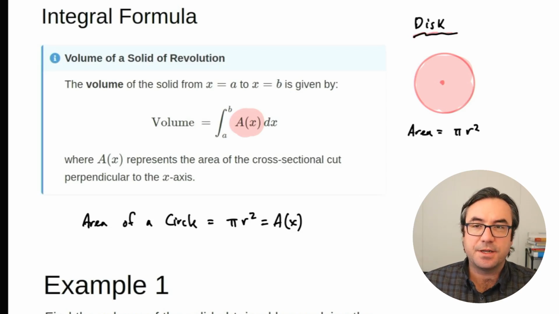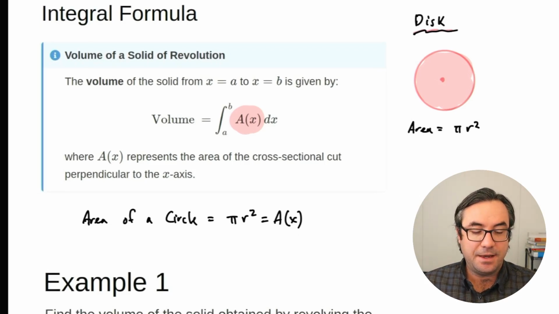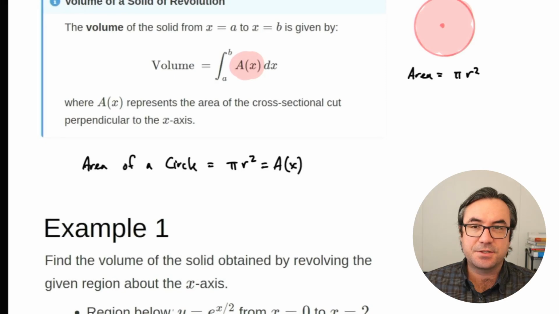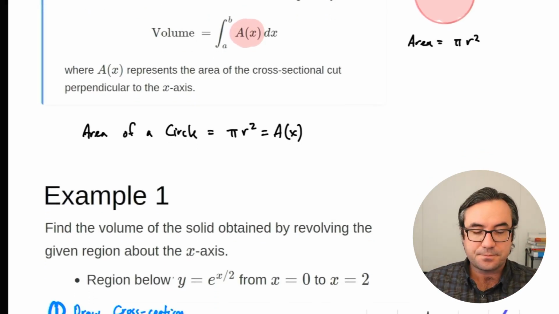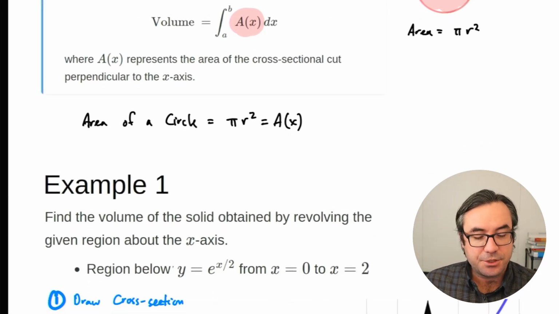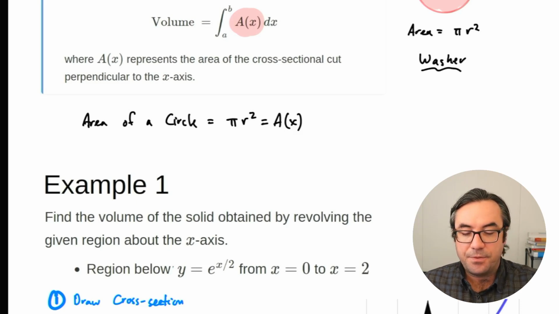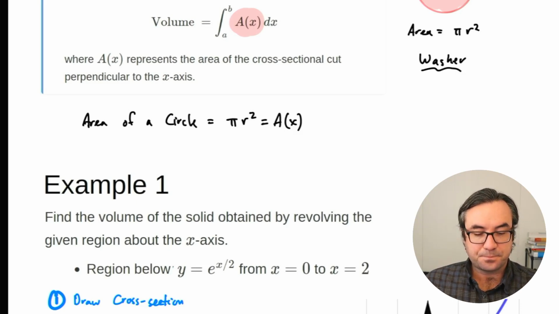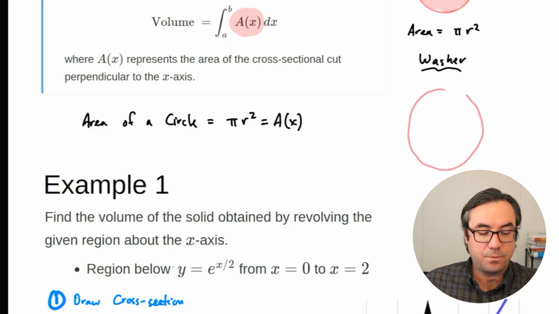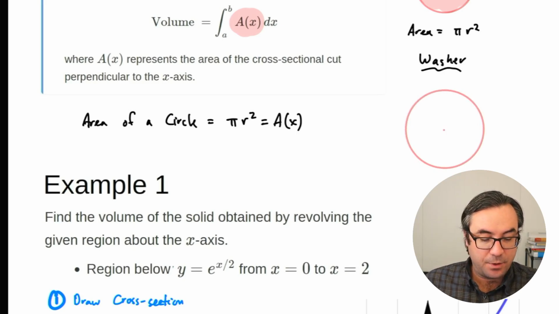Now, the other case we're going to consider is called a washer. What a washer looks like is kind of a donut shape. It's going to be a circle with an inner circle removed. So the other shape is a washer. And what this is going to look like is, well, we're going to have an outer circle, and then we're going to have our center point there.